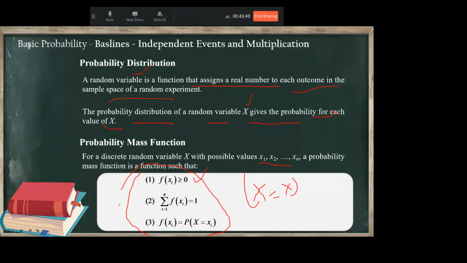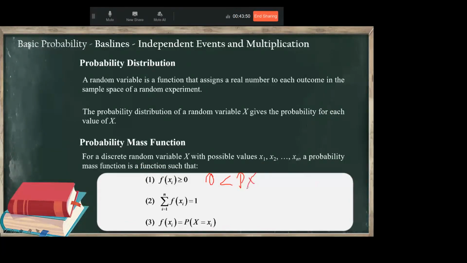And you should remember that it should not be greater than 1. So you can say f of x lies between 0 and 1. Second, the sum of probabilities always equals 1.